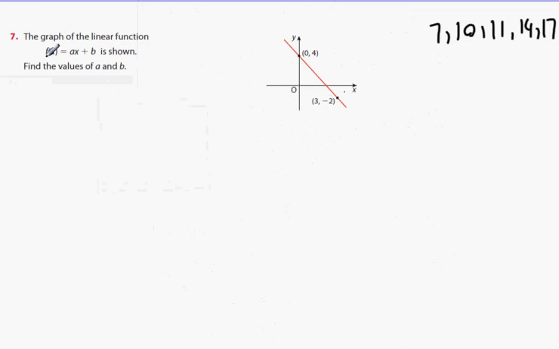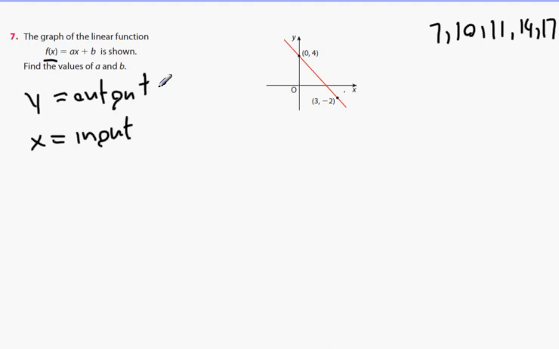The graph of the linear function ax plus b is shown. Find the values of a and b. Okay. What does f of x represent? Which value? The x value or the y value? The y value is always the output. And what's the input? X is the input.